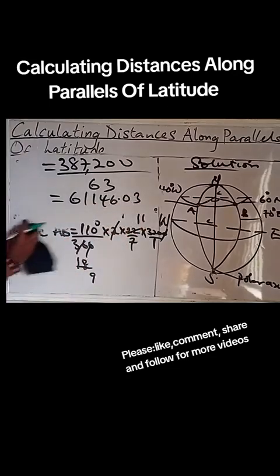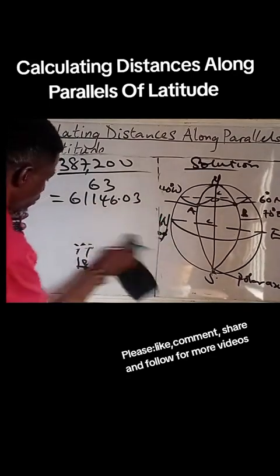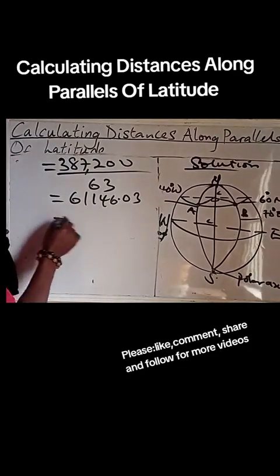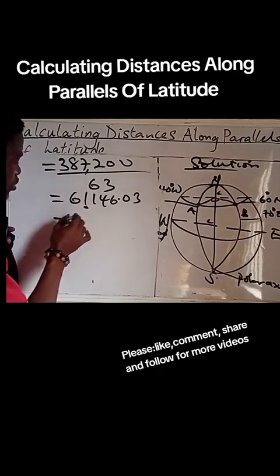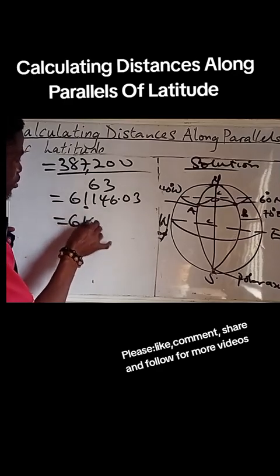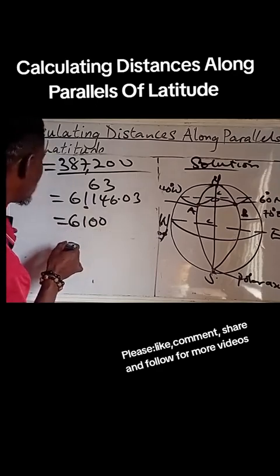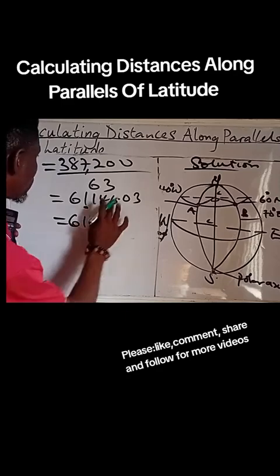It now depends where we are to leave it, maybe to 1 decimal place or 2 decimal places. Just consider that as 6100. Are you getting it?